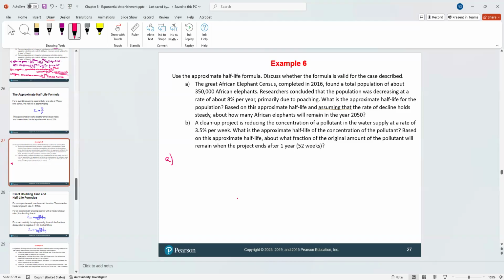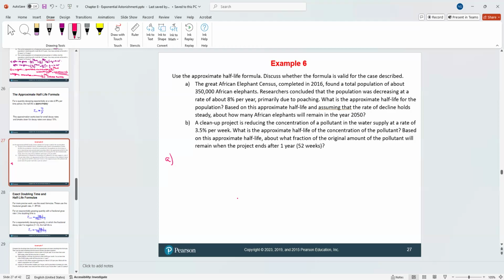Researchers conclude that the population was decreasing at a rate of 8% per year, primarily due to poaching. What is the approximate half-life for the population? That's the first thing we ask you to find. Then, based on this approximate half-life and assuming that the rate of decline holds steady, about how many African elephants will remain in the year 2050?